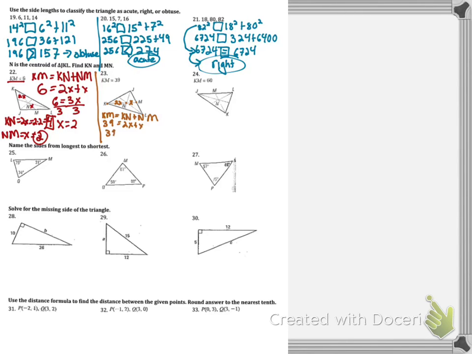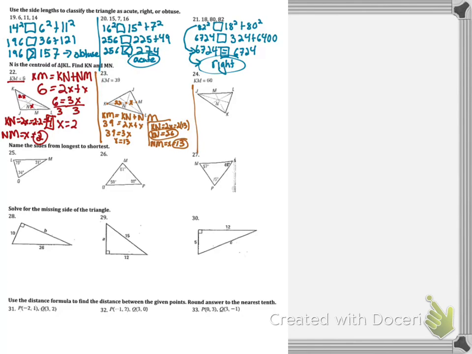Combine like terms, 39 equals 3x. x equals 13. So now that we have that, KN equals 2x, which is 2 times 13, which equals 26. We also have NM, which equals just x, which is 13.